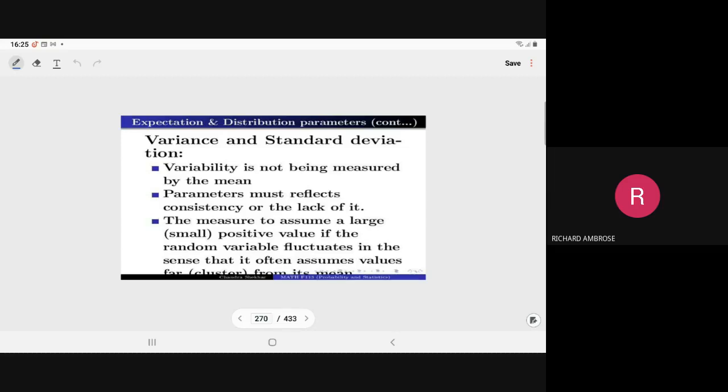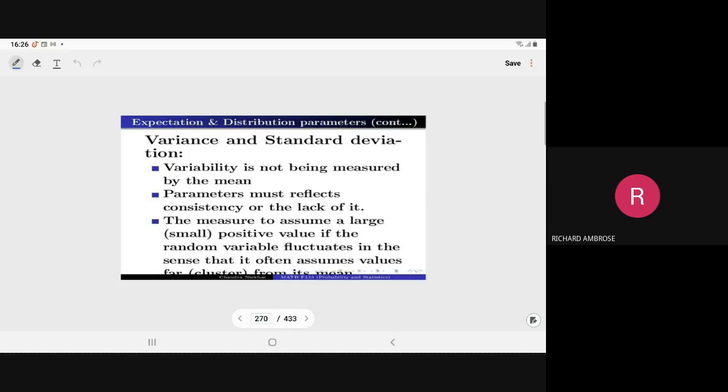Variability is not measured by the mean. The mean just gives you the central value around which all the possible outcomes exist, but it does not measure the variability. To measure the variability, we have two standard expectations known as the variance and standard deviation. The parameter must reflect the consistency or lack of it.